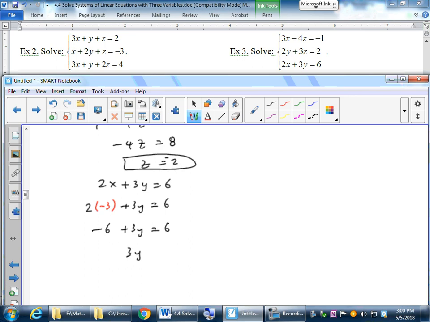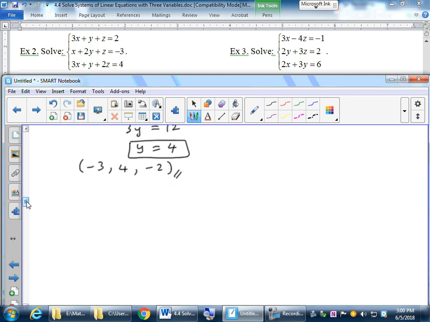So 3y is equal to 12 by adding 6 to both sides. And dividing both sides by 3, that gives me y is equal to 4. So now I have the ordered triple, which is x is negative 3, y is 4, and z is negative 2. And that will be my final answer for example 3.